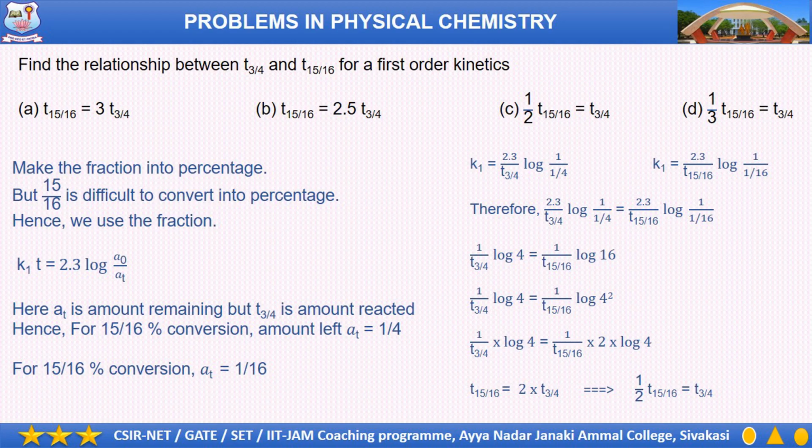Options: A, T 15 by 16 is equal to 3 times T 3 by 4. B, T 15 by 16 is equal to 2.5 T 3 by 4.